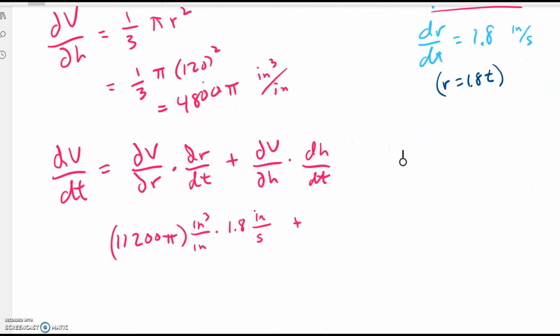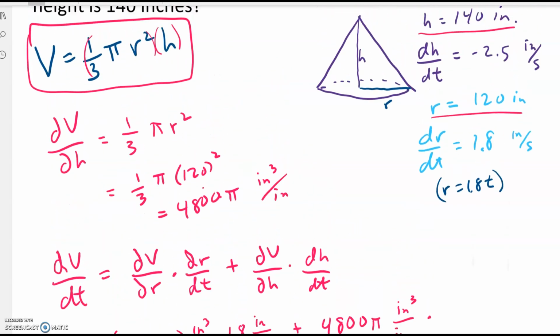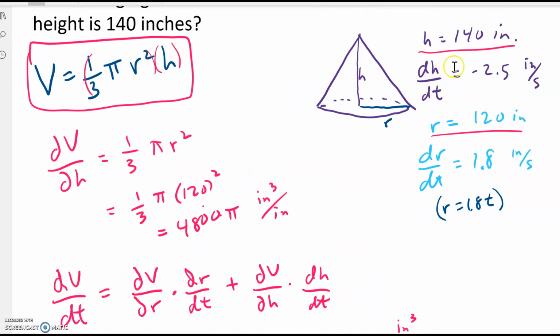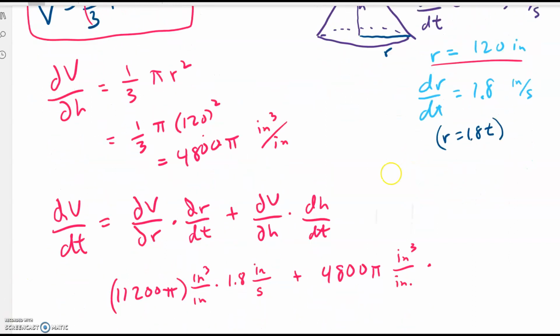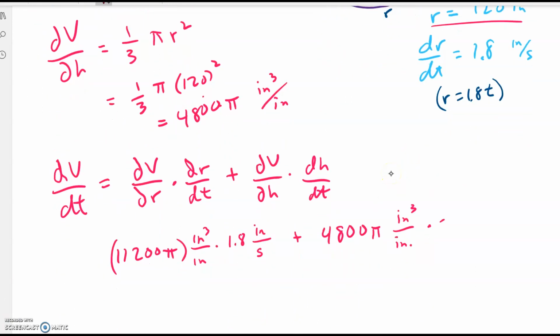Okay, so now back to our chain rule formula. So dV/dh times dh/dt: I just figured out is 4,800 pi cubic inches of volume per inch of height times the rate of change, dh/dt, negative 2.5 inches of height per second. So again, you can see the inches will cancel, and you'll have cubic inches per second.